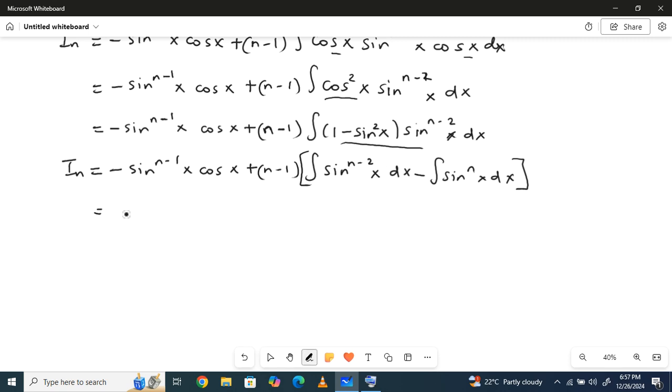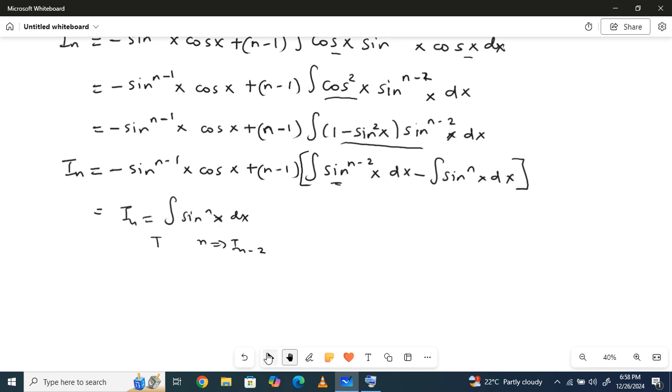Remember that I to power n, we have said, is equal to the integral of sine n x dx. It's the same as here. The only difference is that our n here is I n minus 2, and on the other side we have I n.